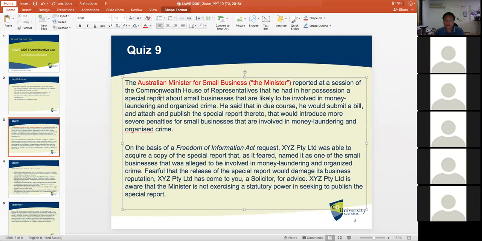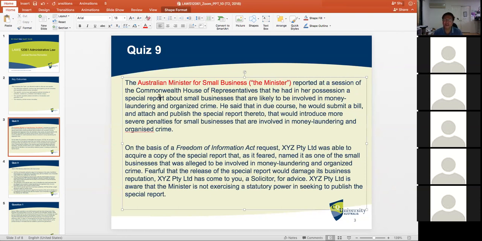There's nothing in the facts that would tell us that the minister is exercising his powers on the basis of an enactment. He seems to be exercising his inherent powers as an executive, which leads us to that basic question: would judicial review be available under the ADJR Act? That's the question, and I think we covered that already.